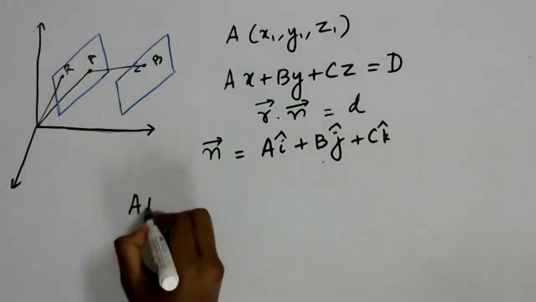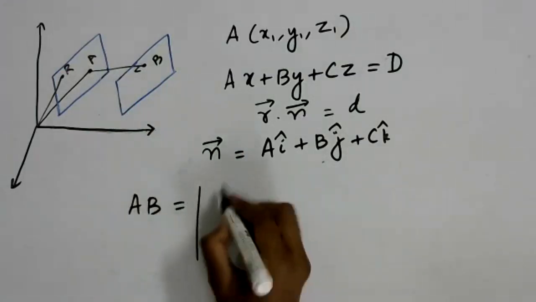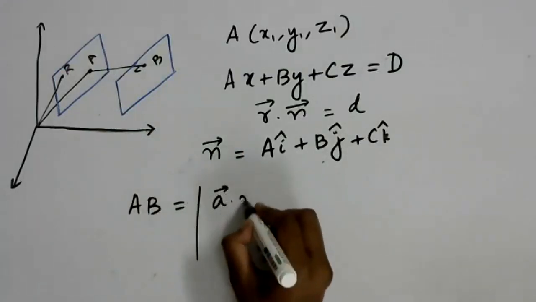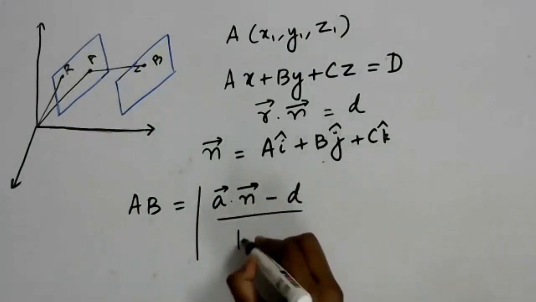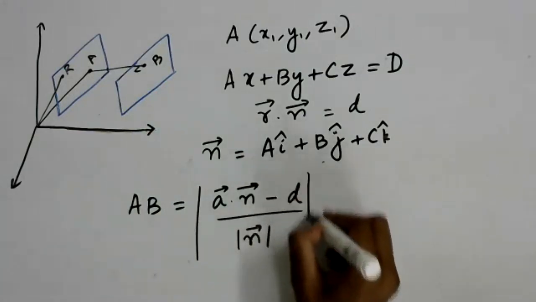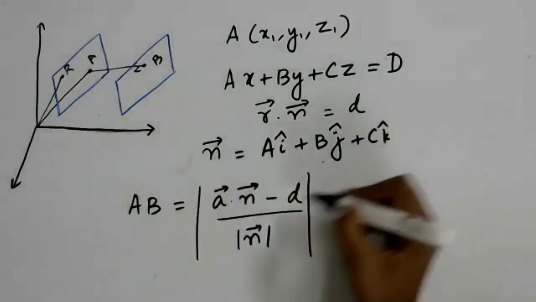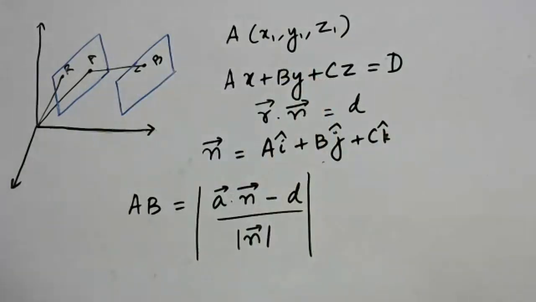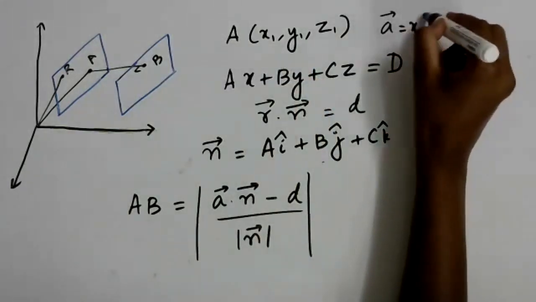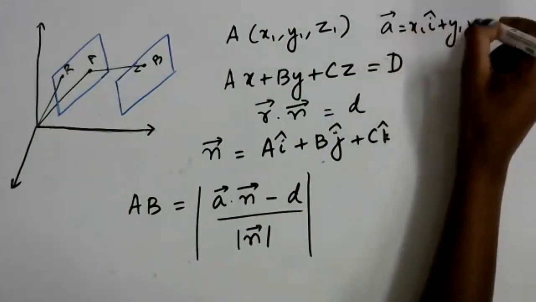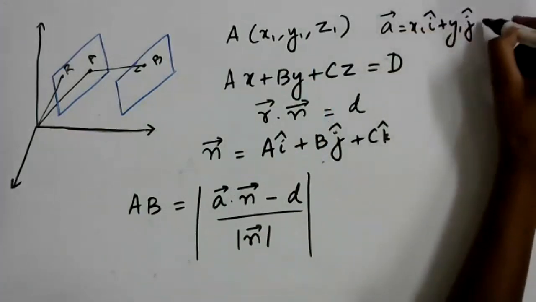The formula for that is A vector dotted with n vector minus d, the whole upon magnitude of n vector, where A vector is nothing but the position vector of A. So that will be given as x1i plus y1j plus z1k.